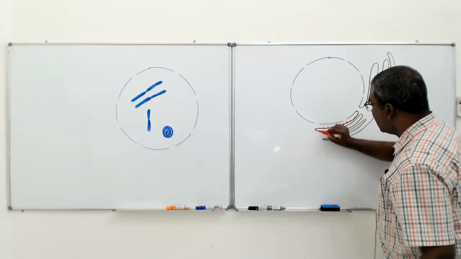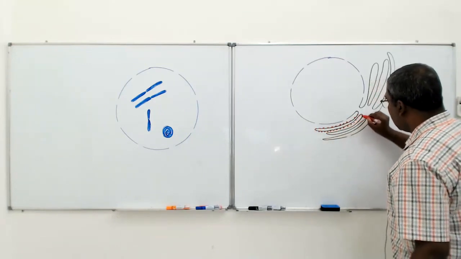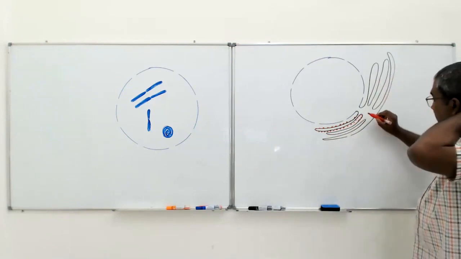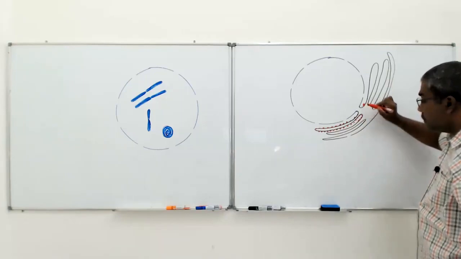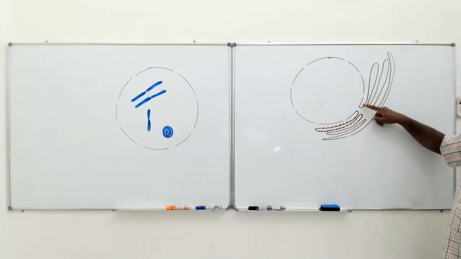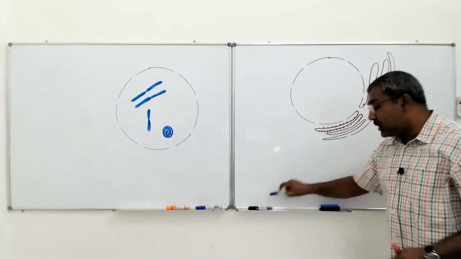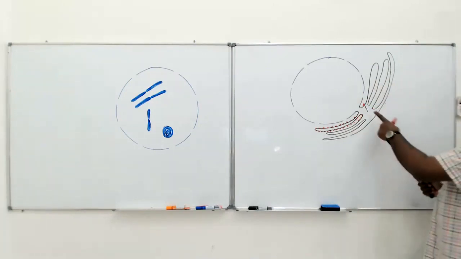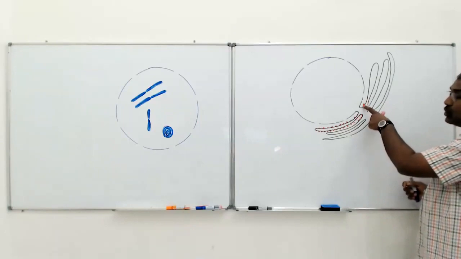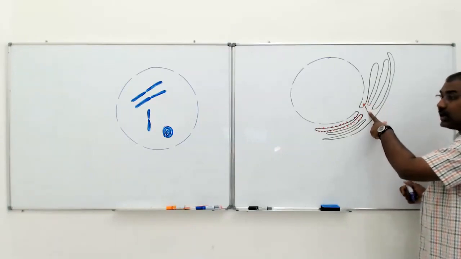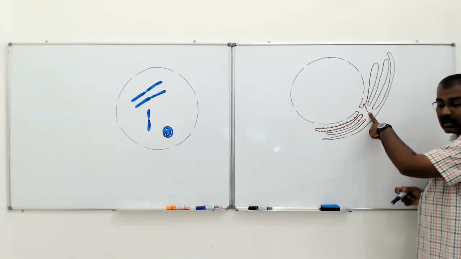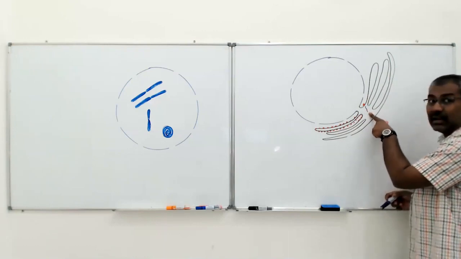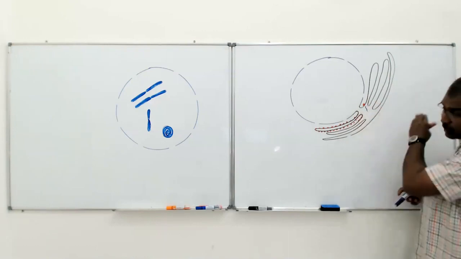Katakan contoh, this is rough endoplasmic reticulum. Kenapa rough? Sebab di atas dia ada ribosom, bintik-bintik itu adalah ribosom. Okay. Now, katakan saya lukiskan this ribosome. So after the ribosome produces protein, protein itu akan masuk ke dalam rough endoplasmic reticulum. So this is protein. And the RER has to carry the protein from here to other parts of the cell.